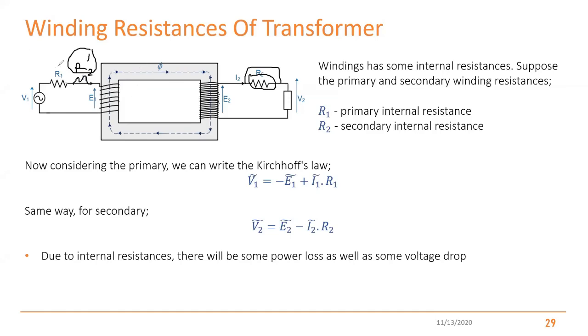That means you can transform this R1 to the secondary side by shorting out this resistor. So we can simplify this circuit using this kind of transformation.